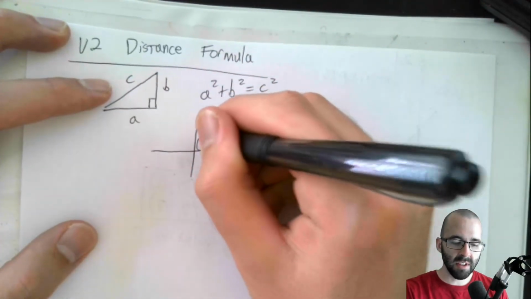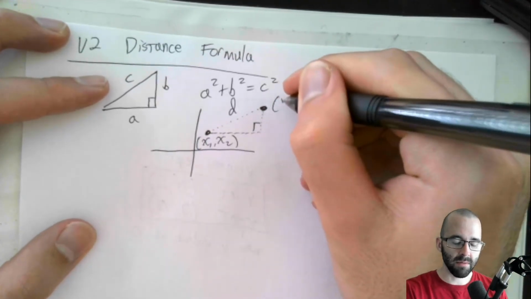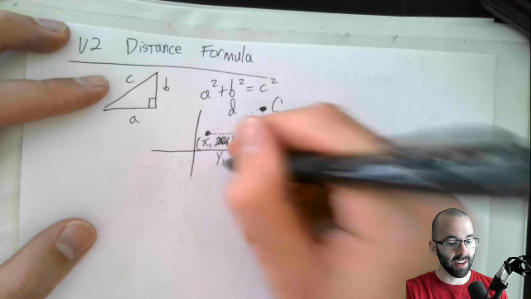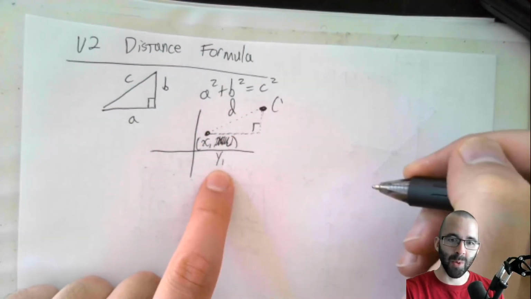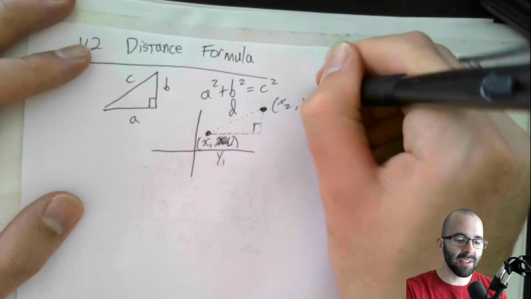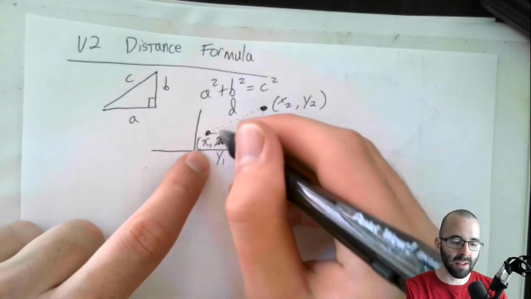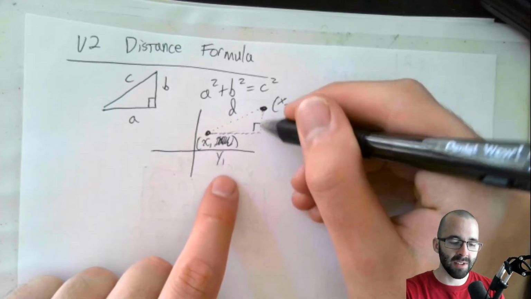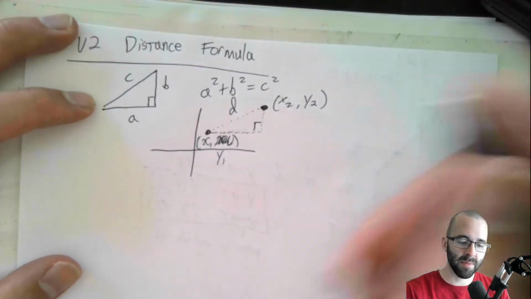Okay, so if this is the point x1, y1, and this over here could maybe be x2, y2. Well, the difference between x1 and x2 is this length, the difference between y1 and y2 is this length. And we just square those and we get what's known as the distance formula.